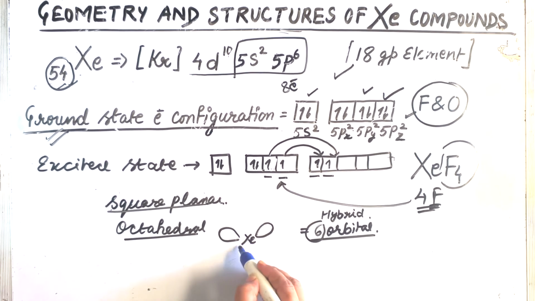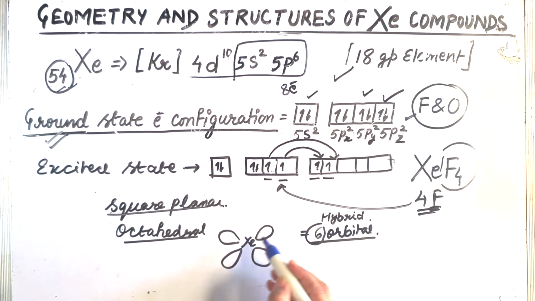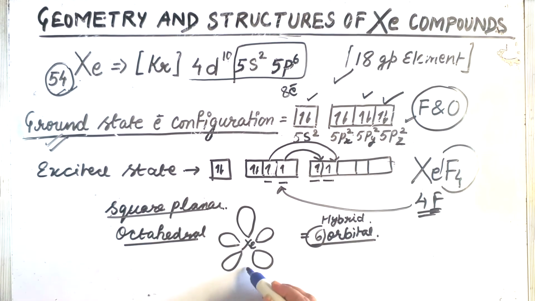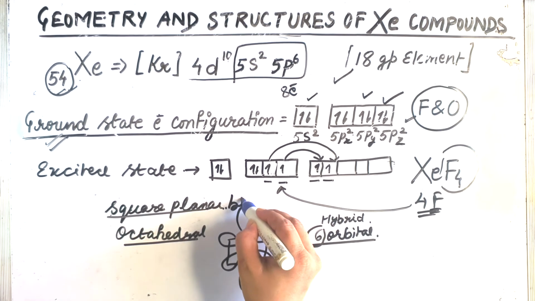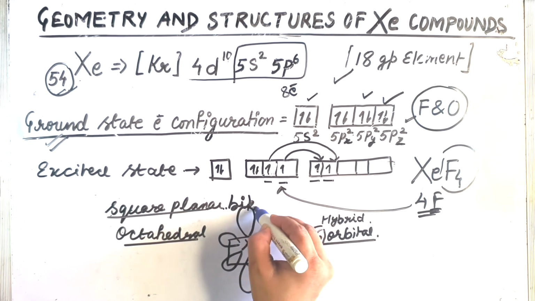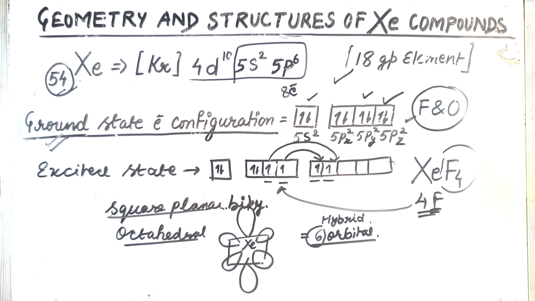These are orbitals of xenon, 4 orbitals, and 1 to the upside and 1 to the downside. So this is called square planar geometry. Not only square planar, bipyramidal. So this is called a square planar bipyramidal geometry, or better known as octahedral geometry. So this way the xenon will arrange its orbitals.